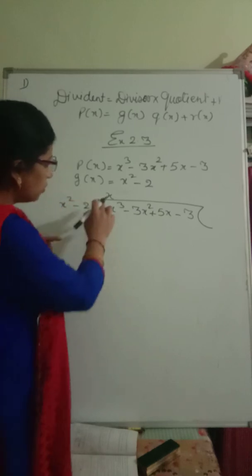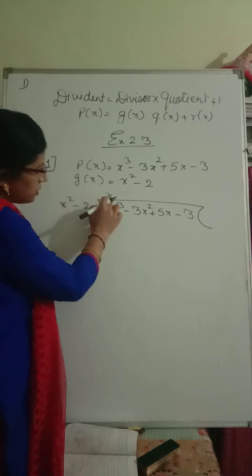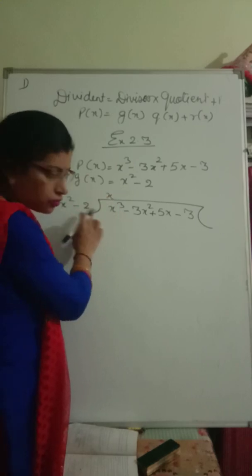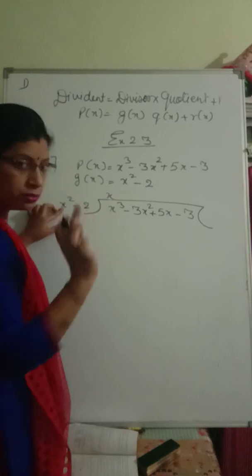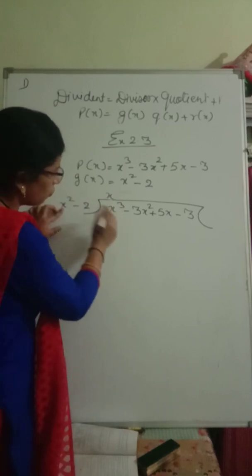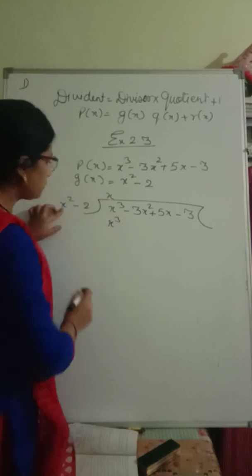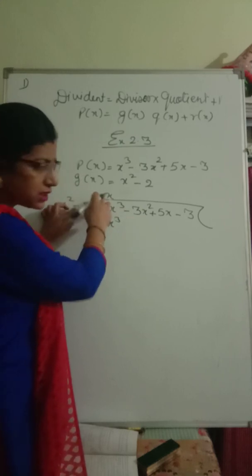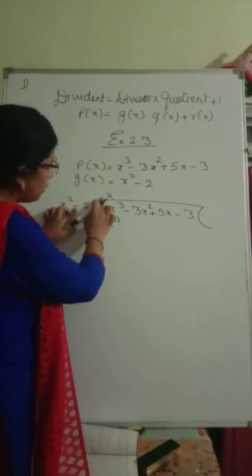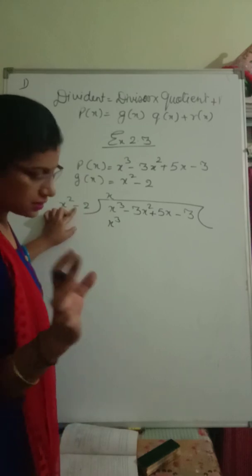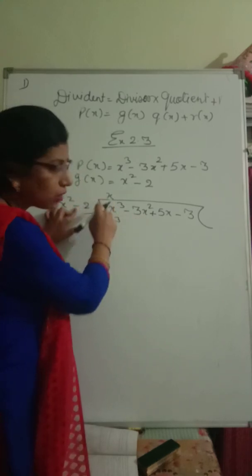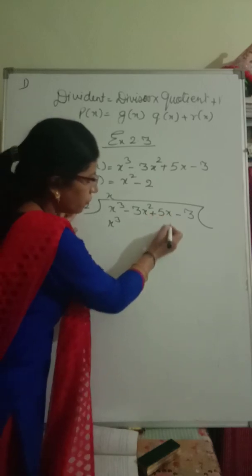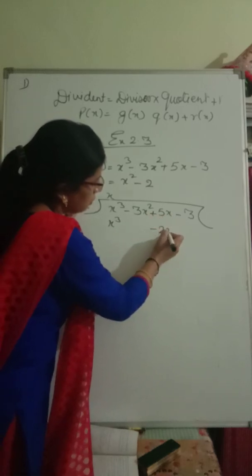Now this x should be multiplied by the other term also. x into x square is plus x cube, which we write down. Then x into minus 2 is minus 2x. This is an x square term, but we got minus 2x, so we will write down the x term only, minus 2x.